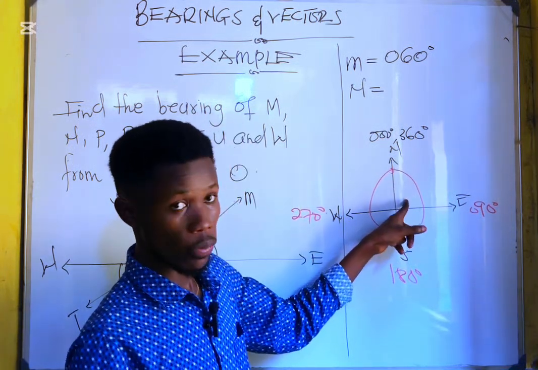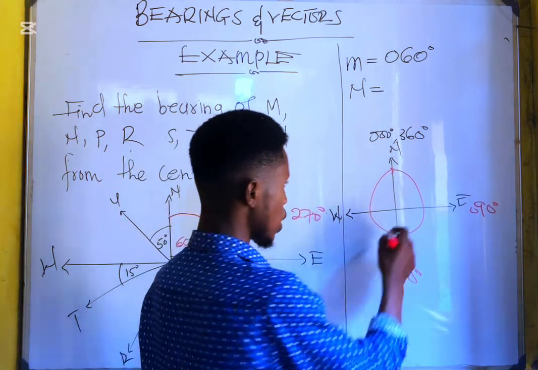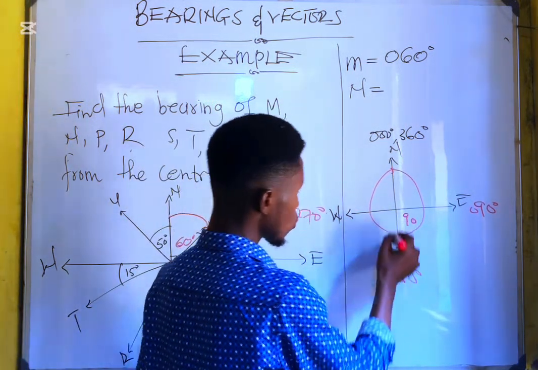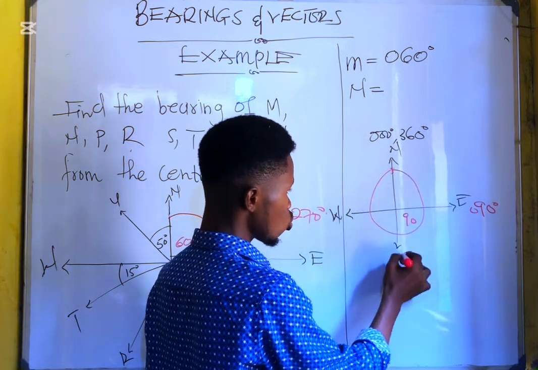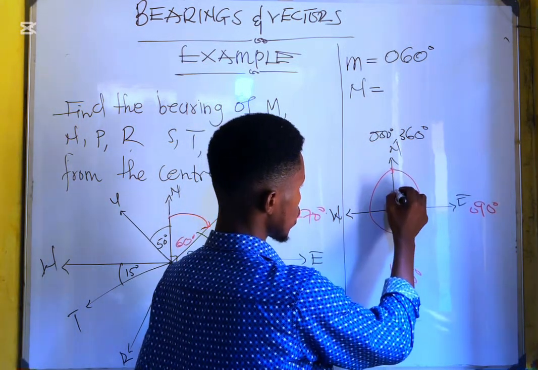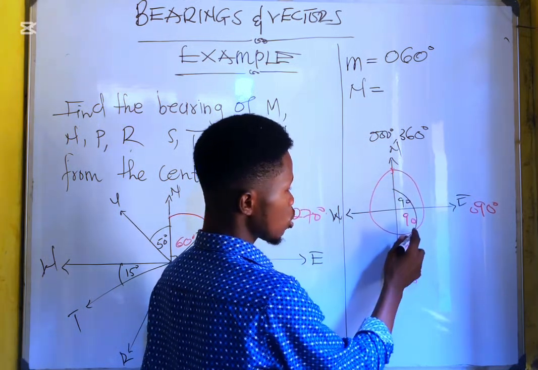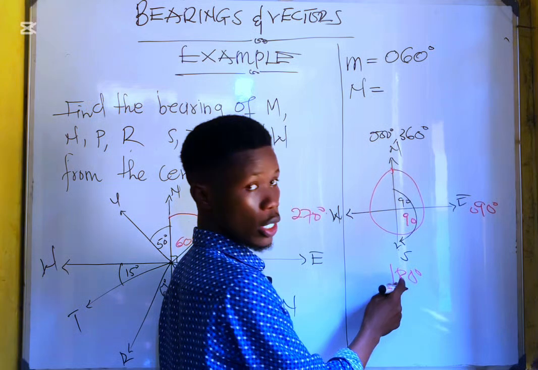This quadrant, that's the first quadrant, is 90 degrees. When you move to the second quadrant, it's also 90, but you are considering from east to south. So from north to south, it will give you 180. That's why this place is 180.